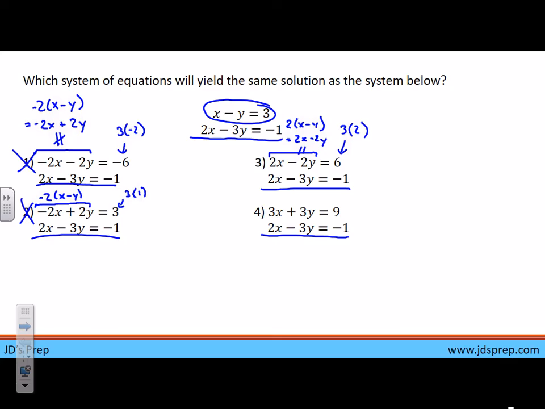So the equation 2x minus 2y equals 6 has exactly the same solutions as the equation x minus y equals 3. And since the second equation in the system did not change at all, that means the system in number 3 has exactly the same solutions as our original system, x minus y equals 3 and 2x minus 3y equals negative 1.